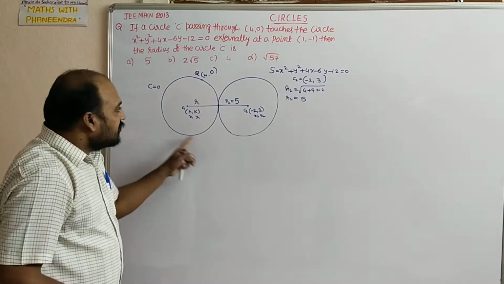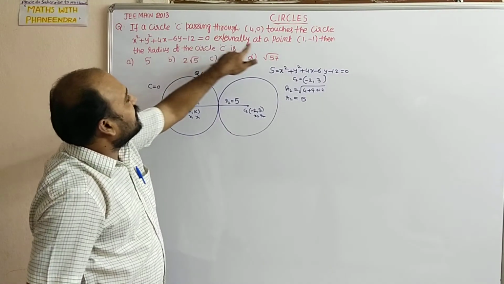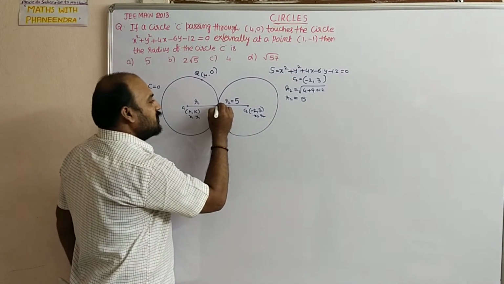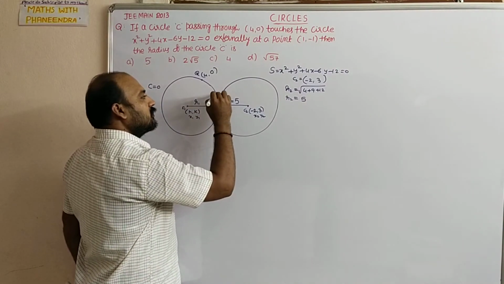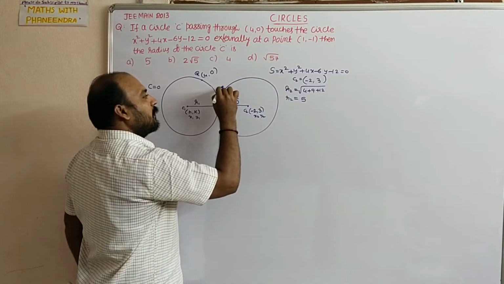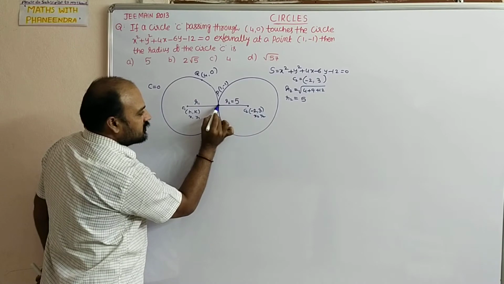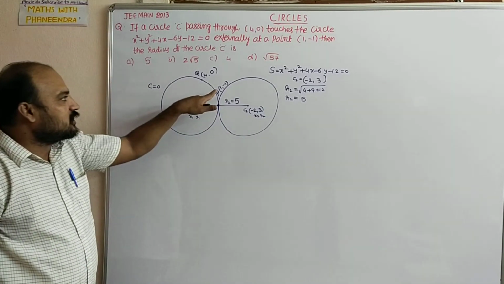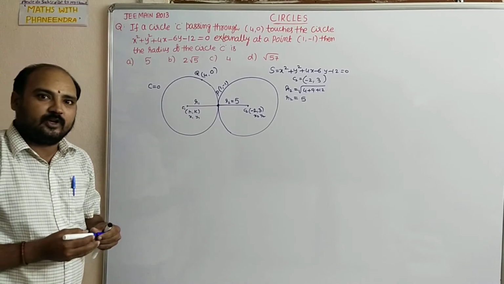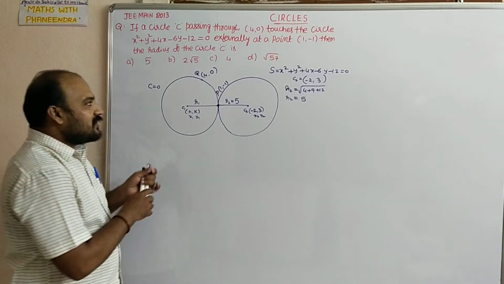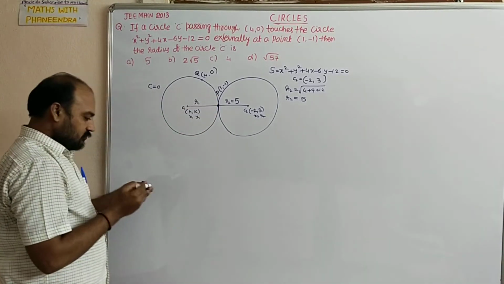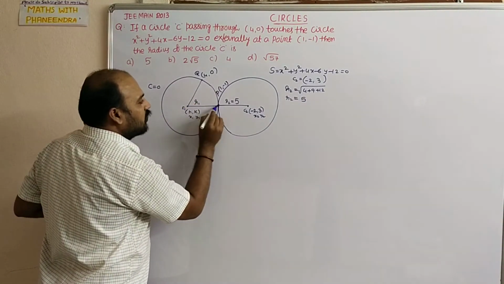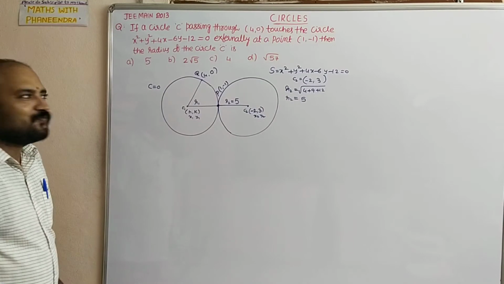Clearly observe that these two circles touch externally at the point 1 comma minus 1. Here I am taking the point P. So this point is 1 comma minus 1. These two circles touch each other externally at this point. So whenever the circle touches, from here to here distance and from here to here distance are the same.